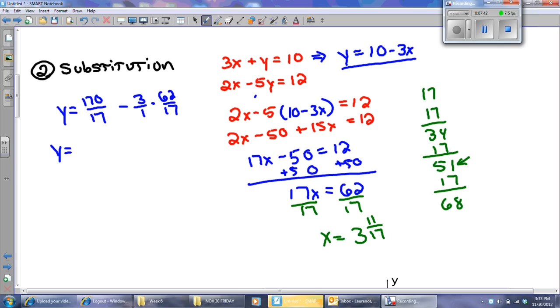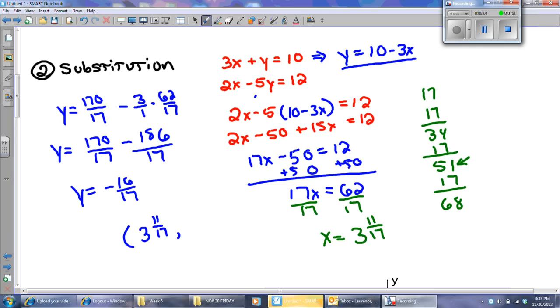All right, so when I do that, I've got 117 over 17 minus 3 times 2 is 6. 3 times 6 is 18 over 17. And so then y is going to equal negative 16/17. And there's my answer. So we get 3 and 11/17 and negative 16/17.